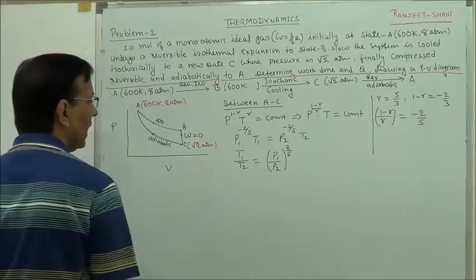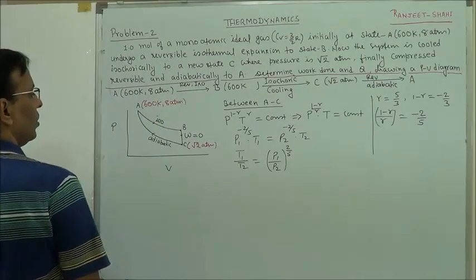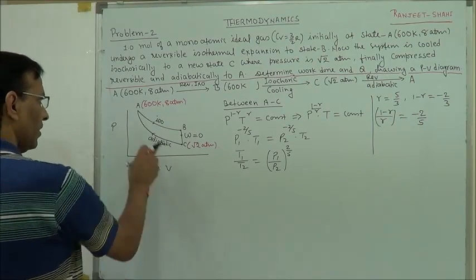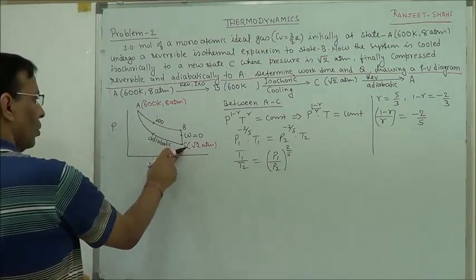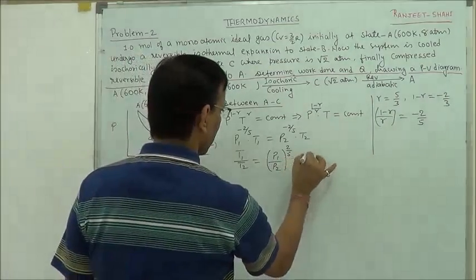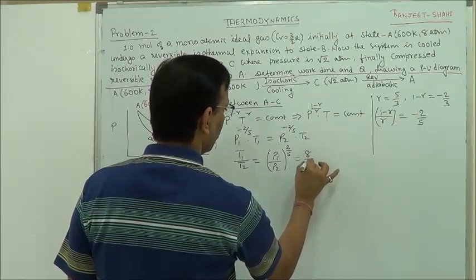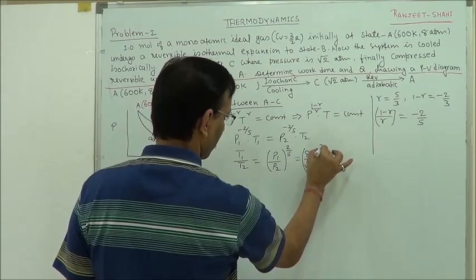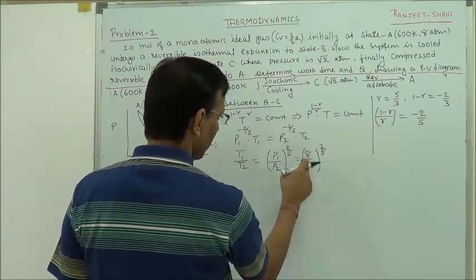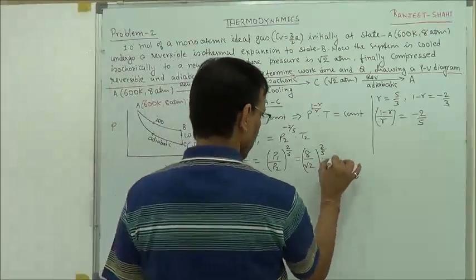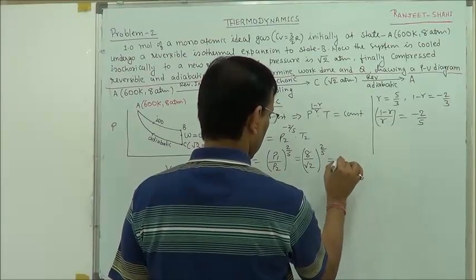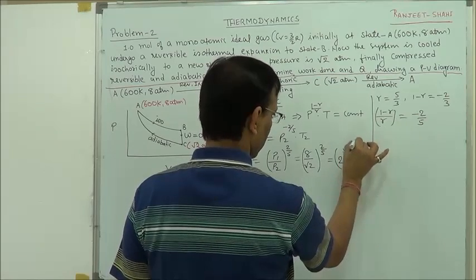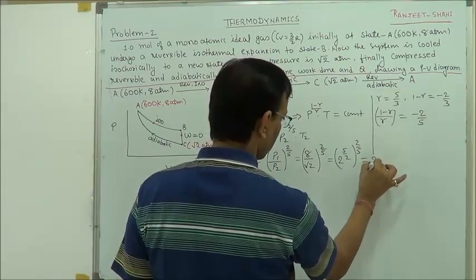P1 and P2 are known. If we take this point as 1, this as 2, so P1 is 8 divided by root 2, raised to the power 2 upon 5. Inside it is 4 root 2, so 2 raised to the power 5 by 2, raised to the power 2 upon 5, so it is in fact 2.